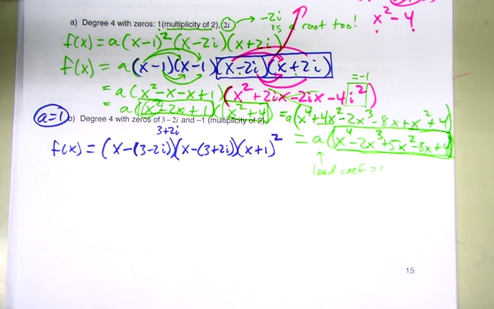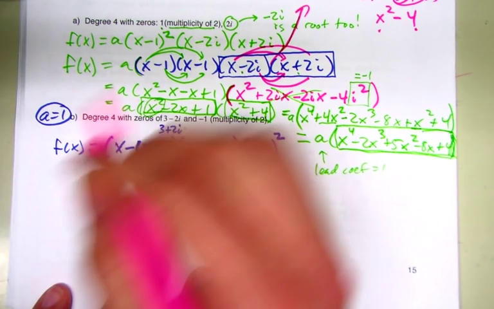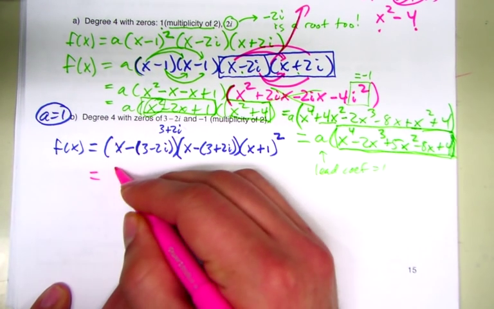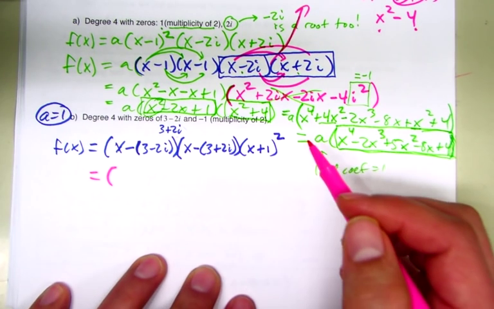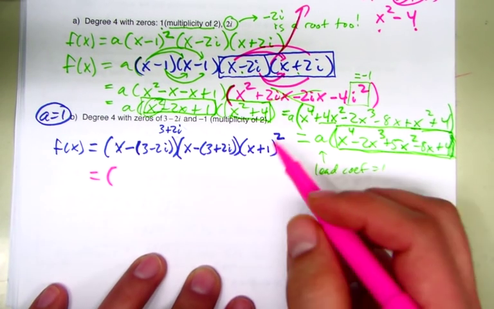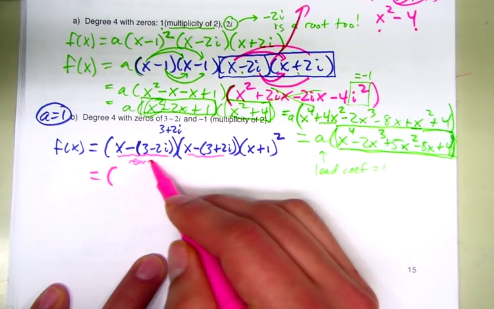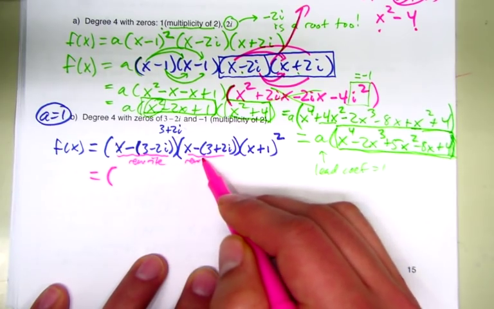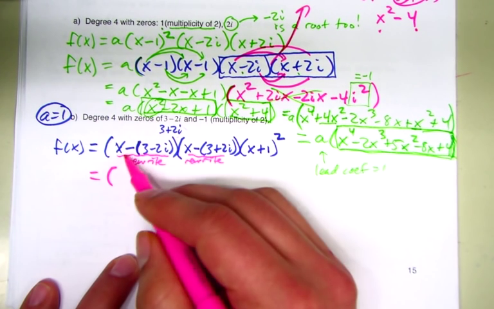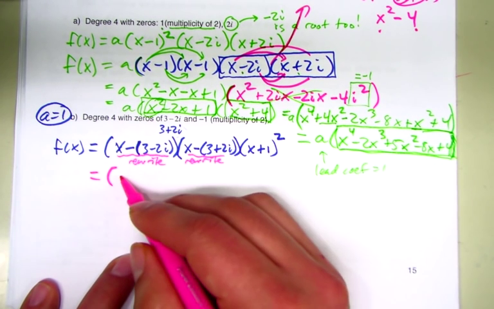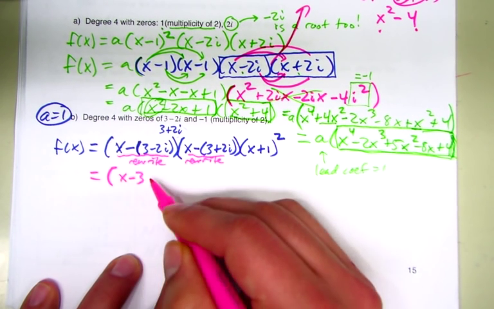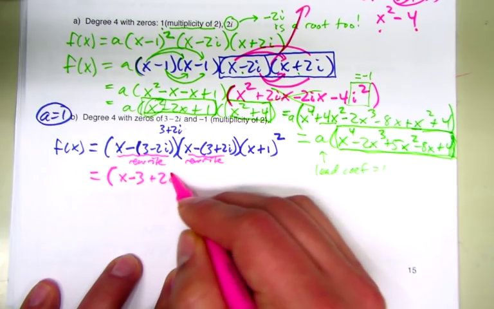Okay? It'll help you multiply these goofy polynomials out. You're going to take this and rewrite both terms. What you're going to do is distribute this negative. So you get x minus 3 plus 2i.